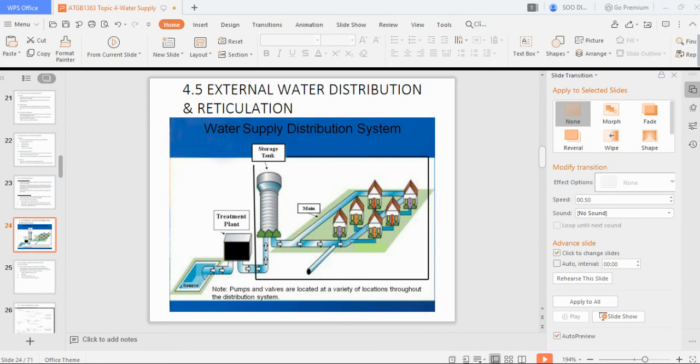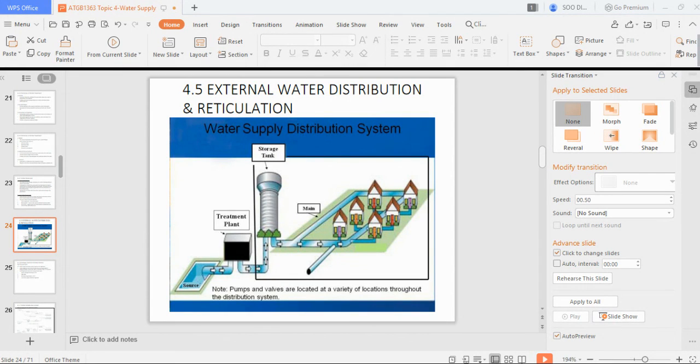Okay, so this is not a very nice picture. I hope you guys notice, this is the storage tank. If you go on a trip to Penang, you can see this sort of tank or structure, made most of the time in concrete.